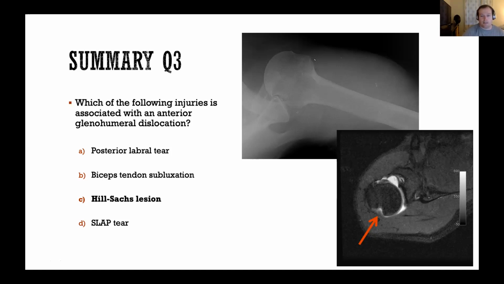And you can identify the coracoid anteriorly, even on the CT cut, in order to orient yourself. If you could just point that out, Jeremy. Just point out the coracoid on the CT scan. Yeah, there you go.